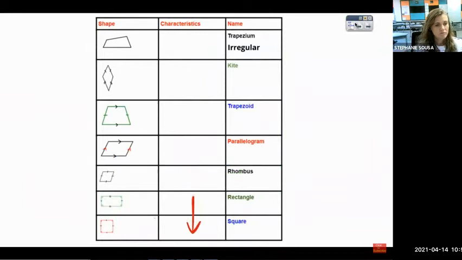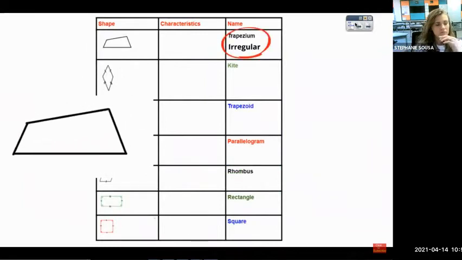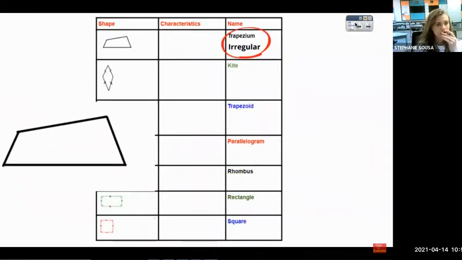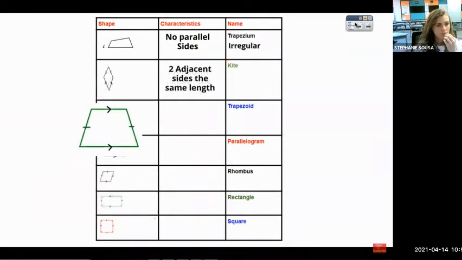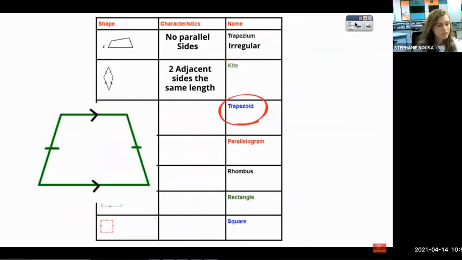So let's get started. A trapezium, also an irregular quadrilateral, has no parallel sides. A kite has 2 pairs of adjacent sides of the same length. As you move down, a little bit more specific is a trapezoid with exactly 1 pair of parallel sides.